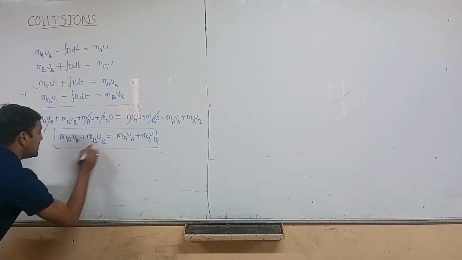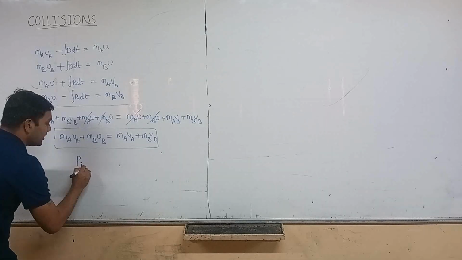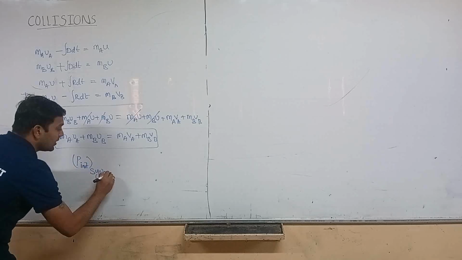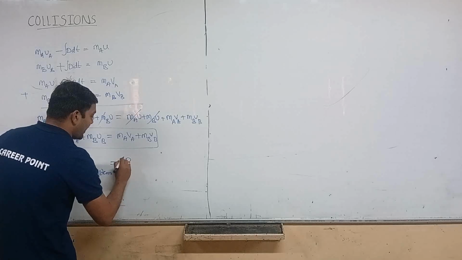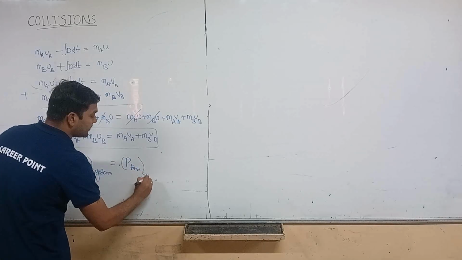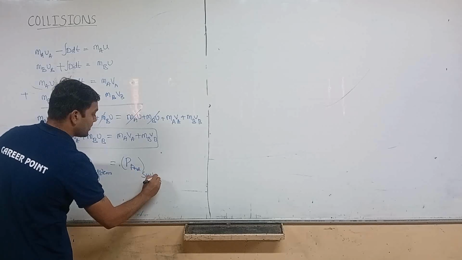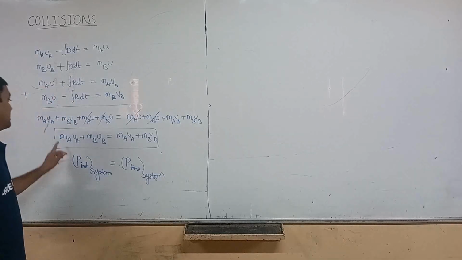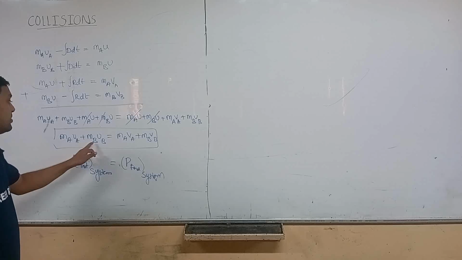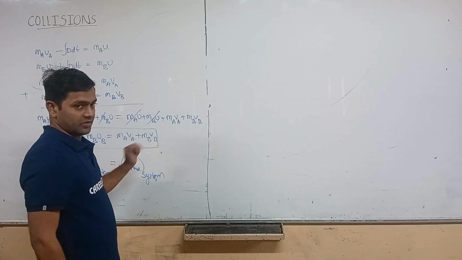So the initial momentum of the system is equal to the final momentum of the system: MAUA plus MBUB equals MAVA plus MBVB.